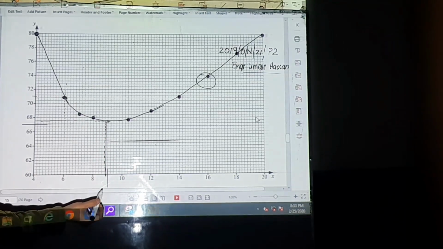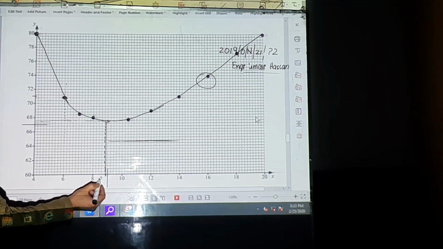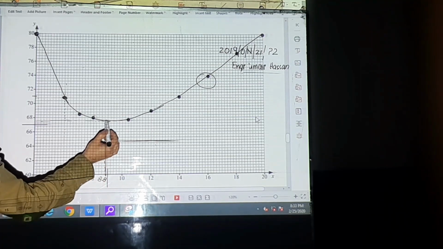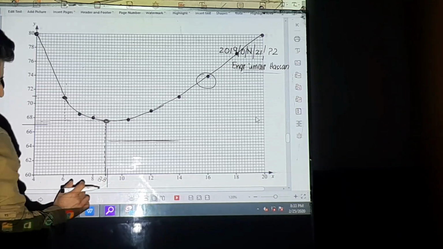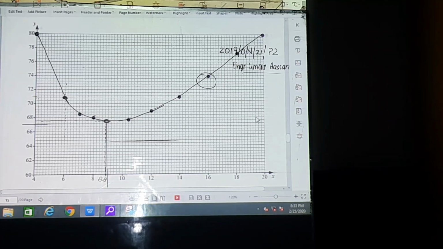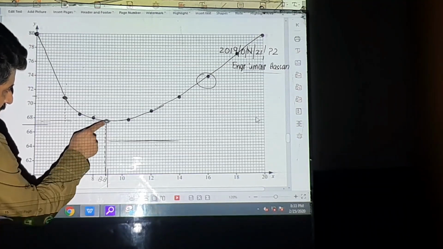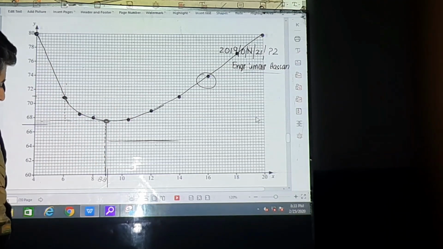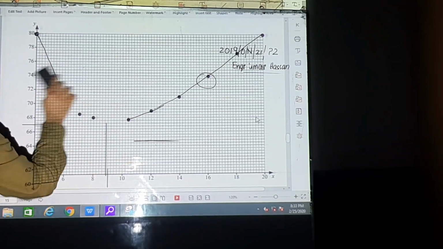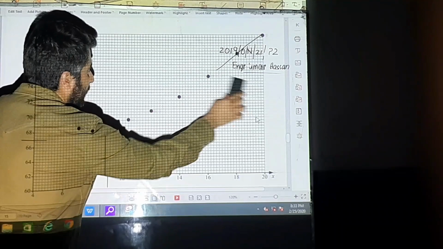At this point x is approximately 8.8. So I am going to use this x, x equals 8.8, the value of x against the minimum value of y on the graph, in the equation for area.